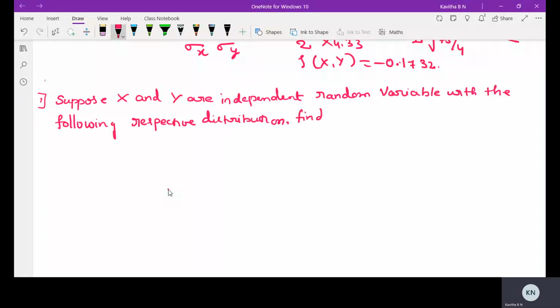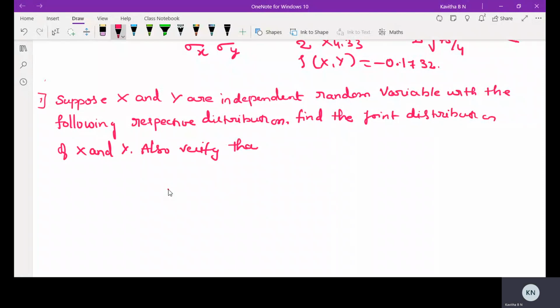Find the joint probability distribution of capital X and capital Y. Also verify that covariance of X, Y is equal to 0.